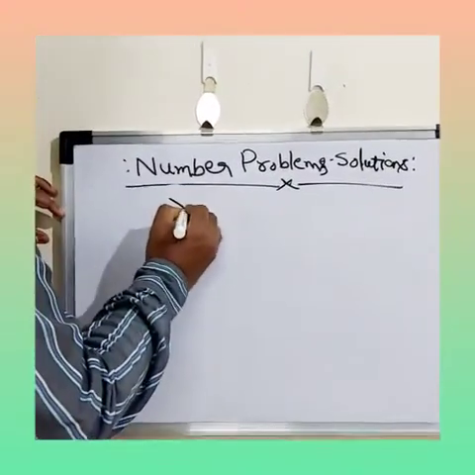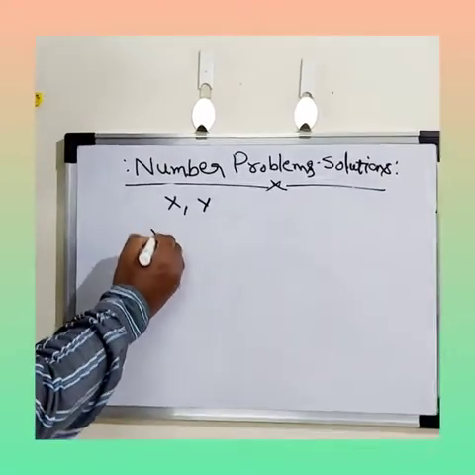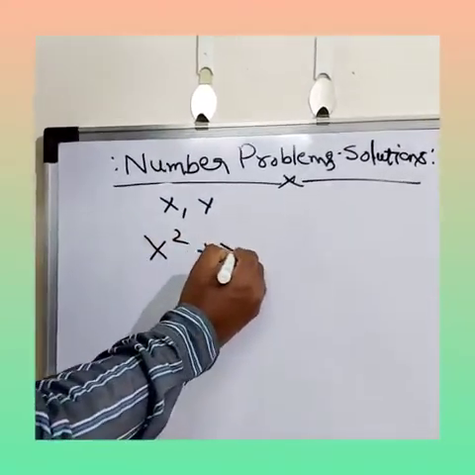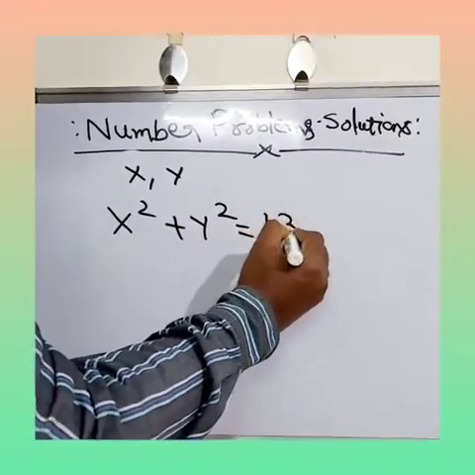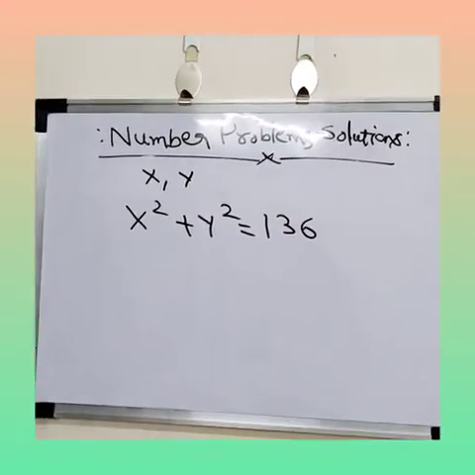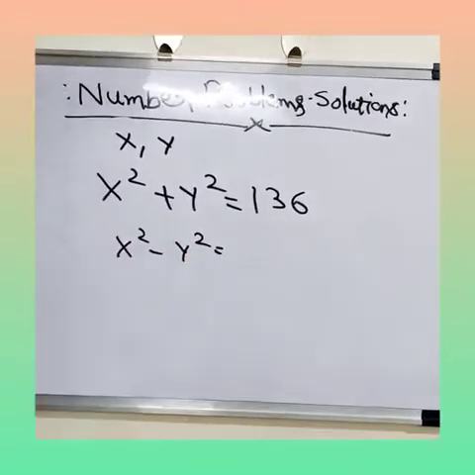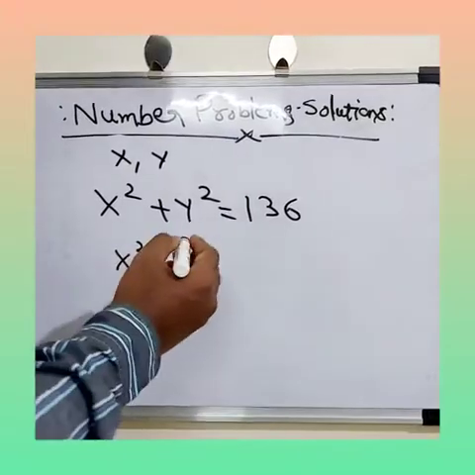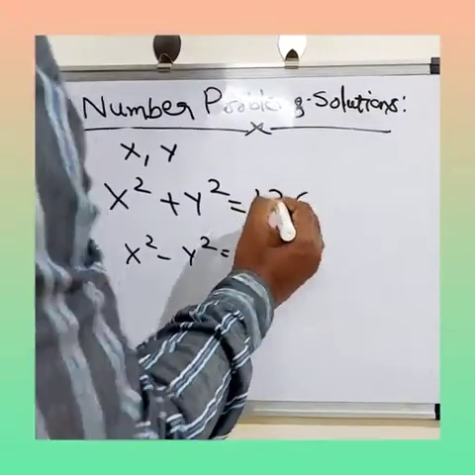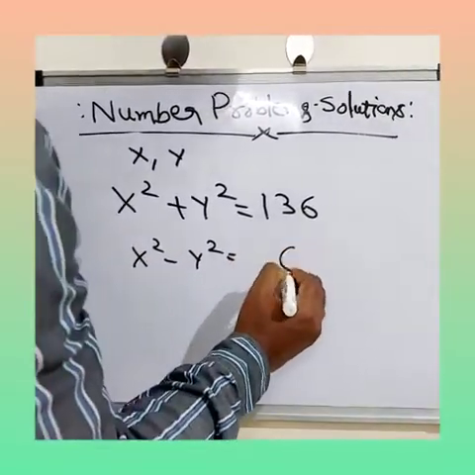Now we will discuss one more problem that is also related to number logic. There are two unknown numbers, x and y. Here the condition is that the sum of the squares of the two numbers, that is x square plus y square, is 136. And the difference of the squares, that is x square minus y square, is equal to 64.